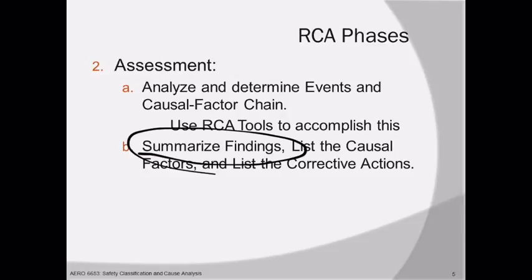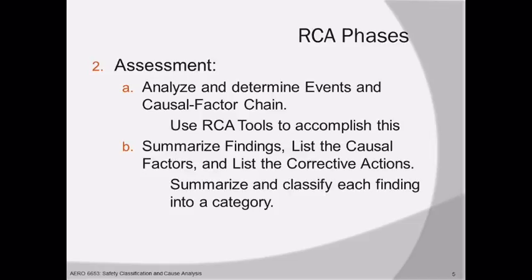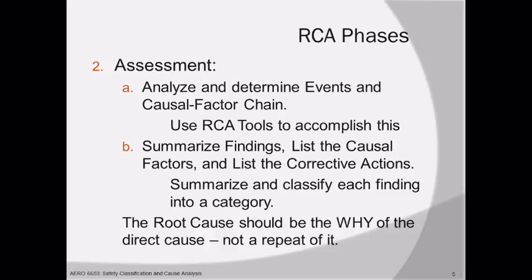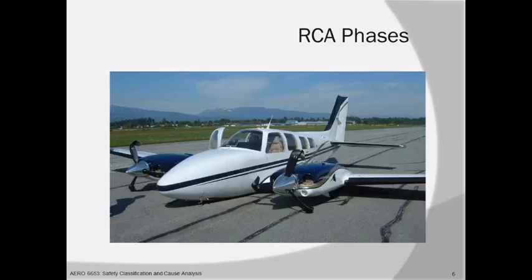The root cause should be why the direct cause happened, not a repeat of it. So if we come to the direct cause, the root cause should be why that direct cause happened, not a repeat of what happened. So we're looking for the why. For example, the direct cause for the gear up landing is that the pilot forgot to extend the gear prior to landing.